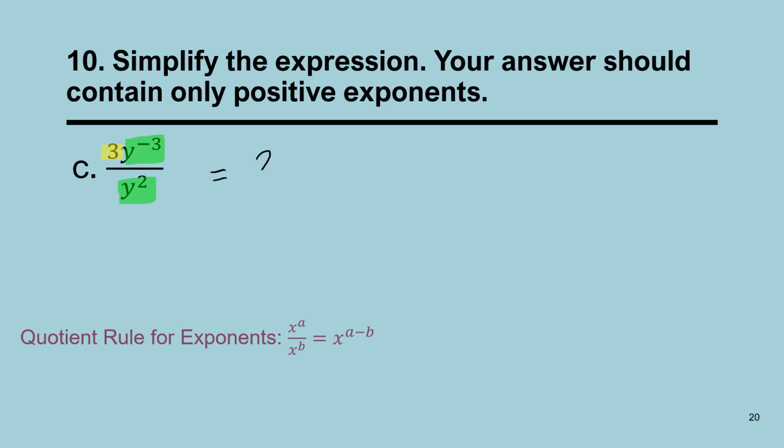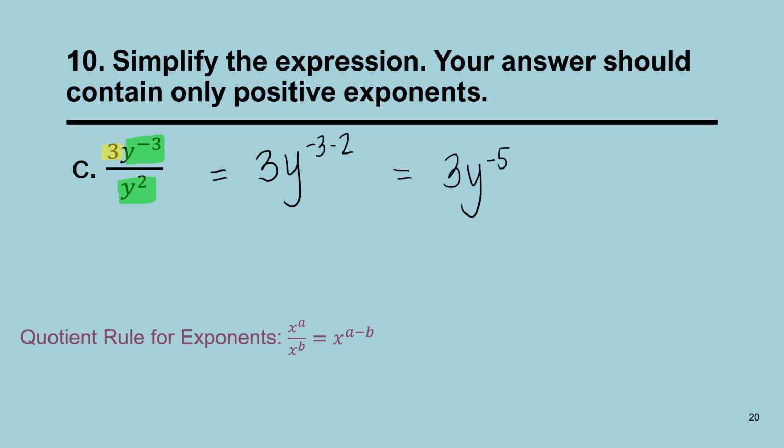And notice that the fraction goes away after you do this. It's going to be 3y to the negative 3 minus 2. So I am subtracting the exponents. I'm doing the numerator minus the denominator. So negative 3 minus 2. Now I'm going to combine those. That's going to be 3y to the negative 5th.